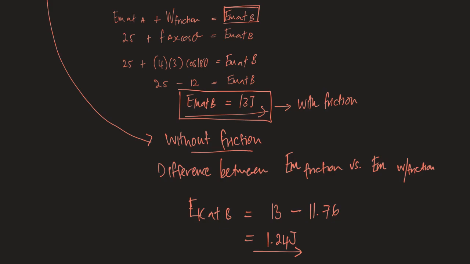Right, the third way of sorting everything out is something that you may be more used to. Let's have a look at how that looks. Three different. Right, the third way works like this. I know that work non-conservative is equal to the change in EP plus the change in EK.